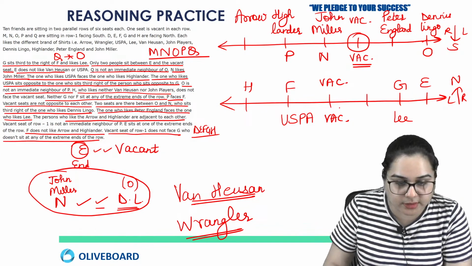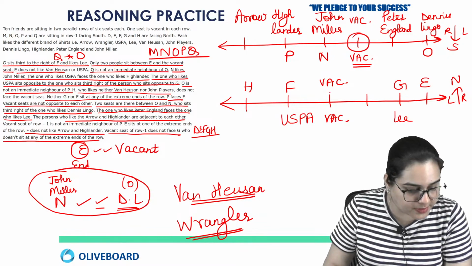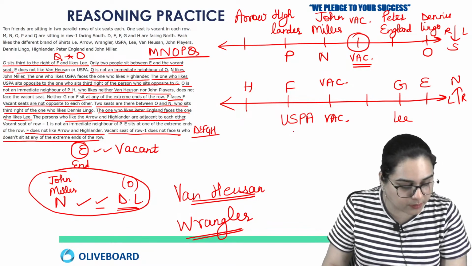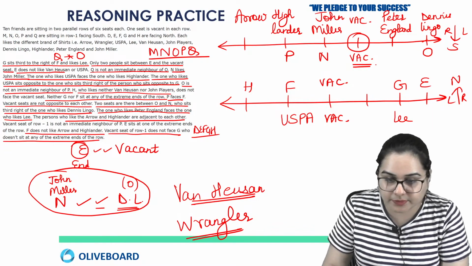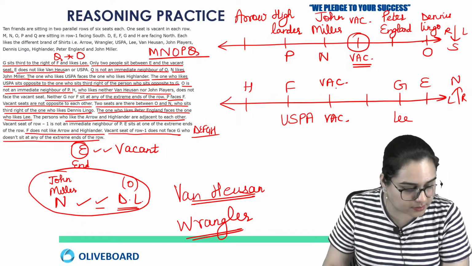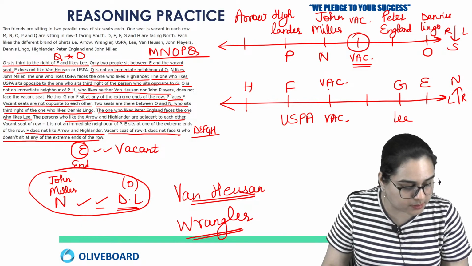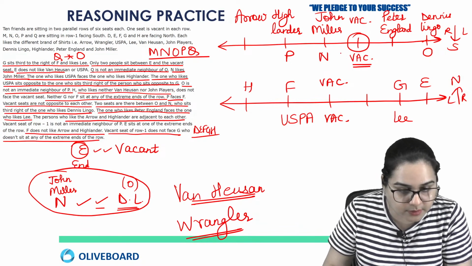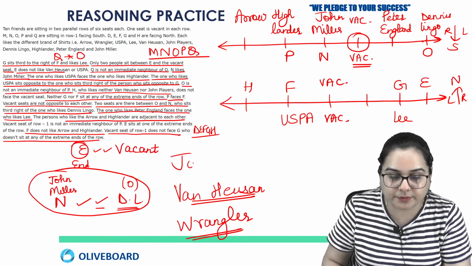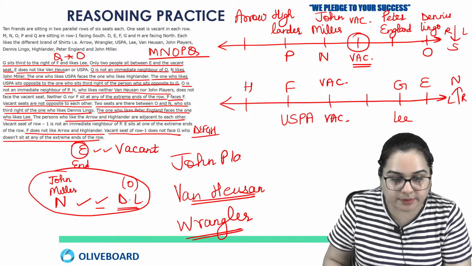Let me check what is the third name. Okay, so it is Wrangler, Van Heusen, and one more brand, it is John Players.